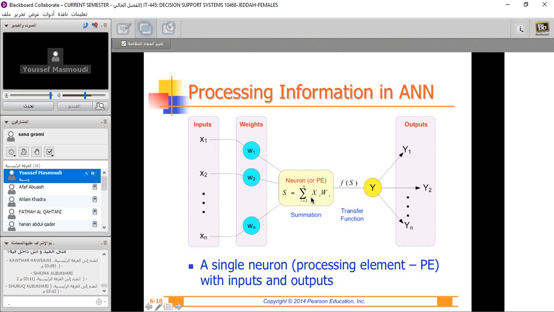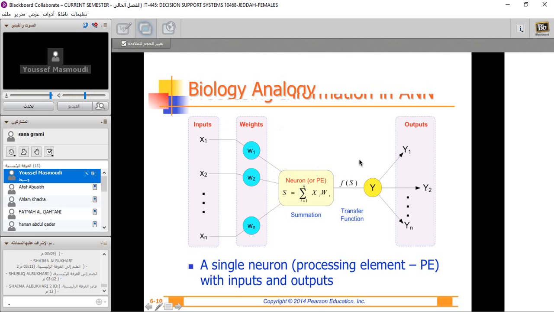This input with the weight will arrive to the neuron, where we will have a summation. We will have a mathematical function here. We will summarize all what we get as input according to the corresponding weights. And then, after summation, we will transfer this value using transfer function, and we will have the outputs y1, y2 till yn. So a single neuron with inputs and outputs. This is the neuron with inputs and outputs.